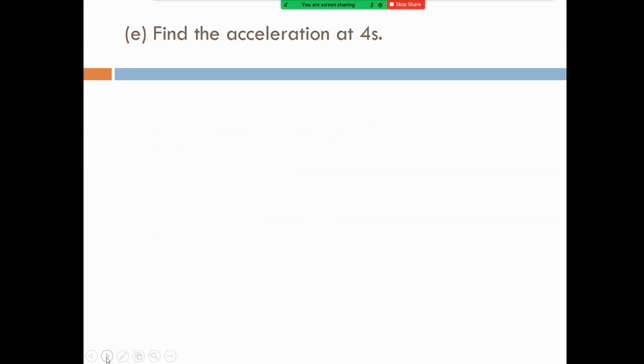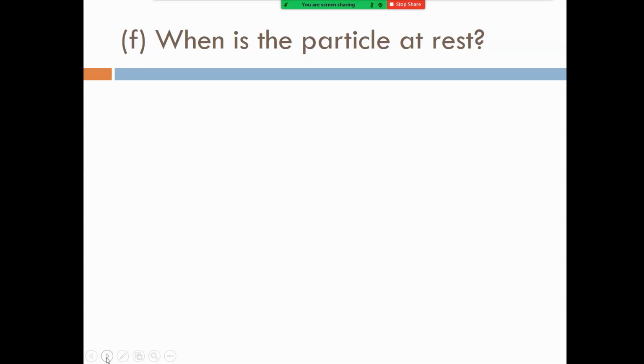So now the physics starts to come into play in calc. It says, when is the particle at rest? A particle is at rest when our velocity equals 0.